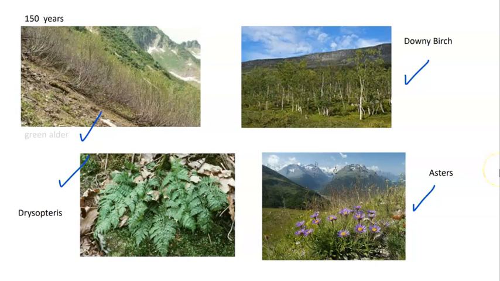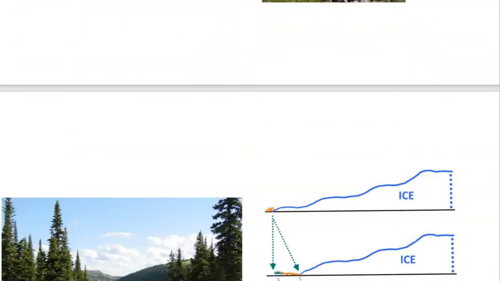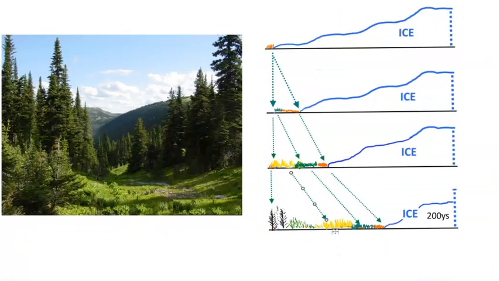These species outcompete the alders and the willows, and so now we're developing small forests and alpine meadows around our standing position. In time, should we manage to stand there for 200 years, we would be standing here. Once we were at the beginning of the retreating ice with just lichen beneath our feet, but now we have coniferous forest developing in this location.